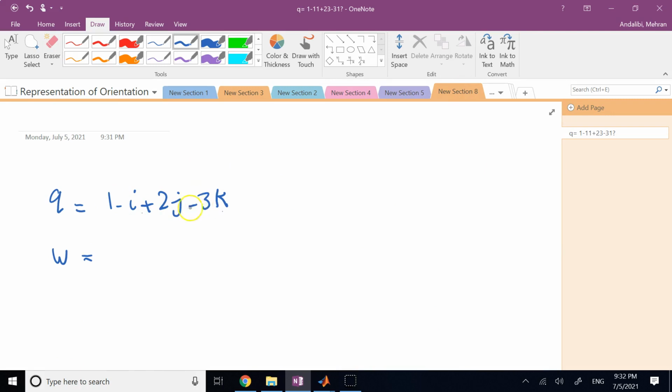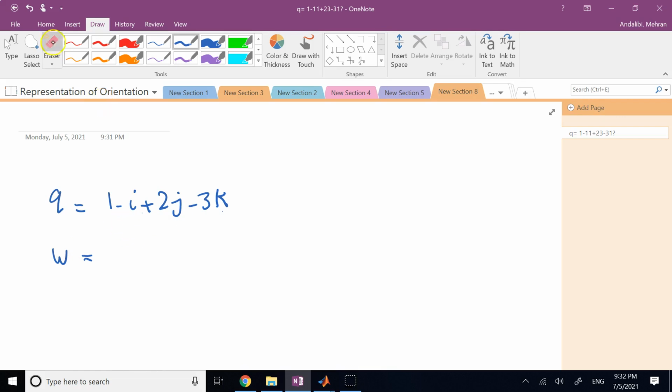If you want, I can make it a unit quaternion. I can divide this whole thing by the square root of the number, and here the number is 15, right? The square root of 15 is not really the best number, so I can modify it a little bit.